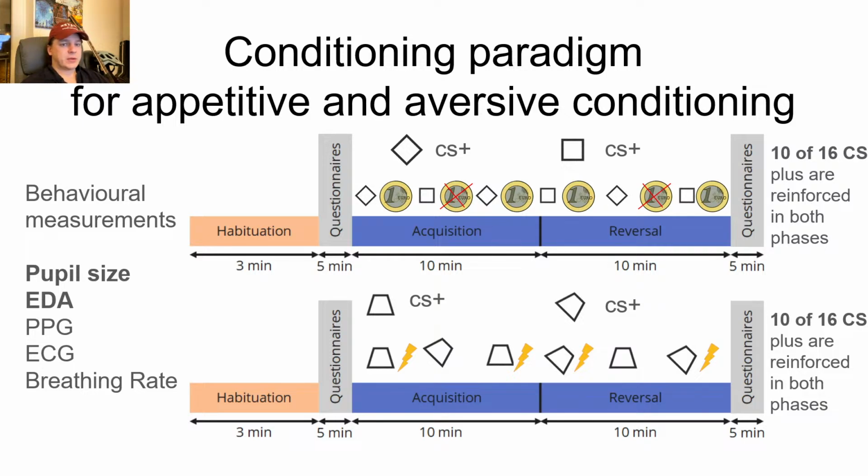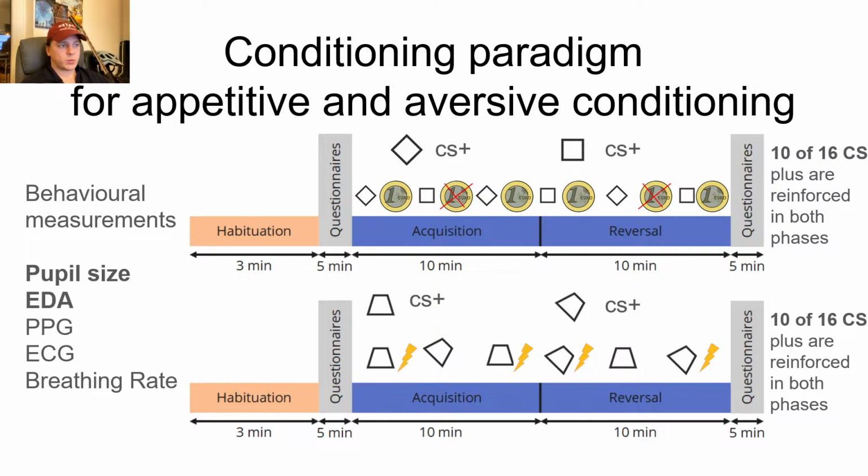In general, if somebody does not do conditioning experiments, what we do here, first we have the conditioned symbol. In this case, we had 4 different symbols to use as conditioned symbols. This is the square and the diamond, and the trapeze and what we call rhomboid. To create CS plus from the CS minus or CS minus from the CS plus, we just turn it like 45 degrees.